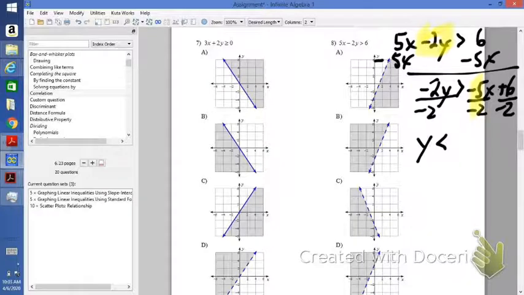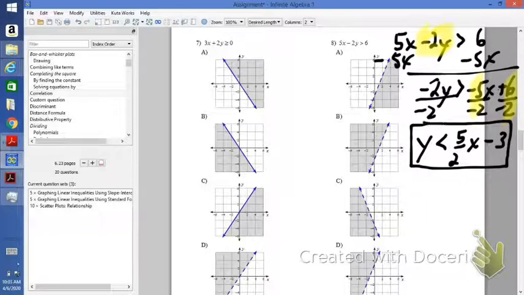Well, that's a positive 5 over 2 x. And then we have 6 divided by -2. That's going to be a -3. Alright, so here is my inequality in slope-intercept form. Now, let's graph this.